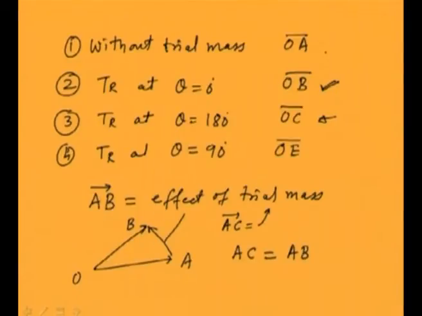Only thing is, vectorially, they will be in opposite direction because of the 180 degree phase. So with this information that AC is equal to minus AB, we will try to obtain the position of the actual unbalance.